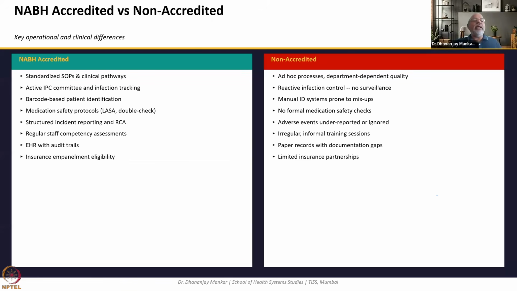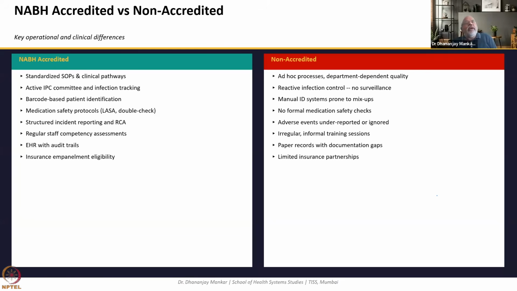Now we'll try to understand the key operational and clinical differences, as we have already covered the NABH accredited and non-accredited hospital. Just to quickly run you through the presentation and make it clearer, this case study is particularly an NABH institution case study, and if you are reading one of NQAS or even JCI, the differences we need to understand here are very important.